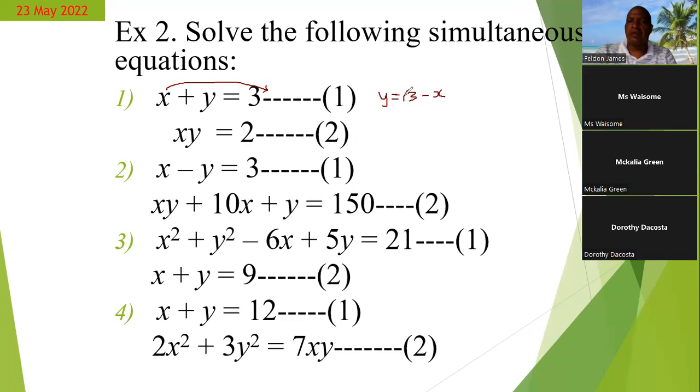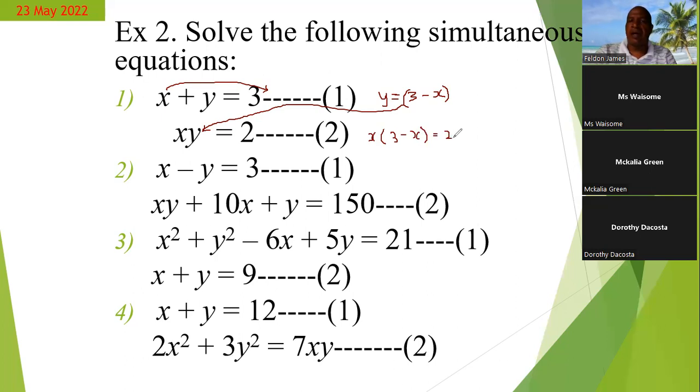So what you're going to do is put all of this into the second equation where y is. So you will get x bracket 3 minus x close brackets equal to 2.